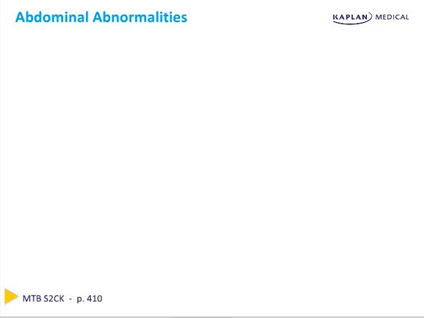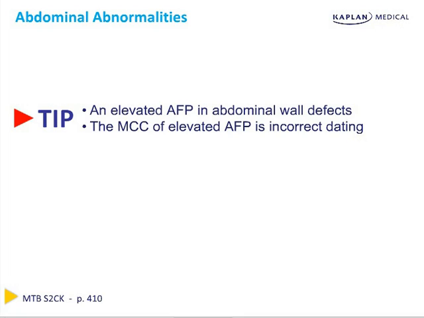Some tips with abdominal abnormalities. An elevated AFP, alpha fetoprotein, can be used to screen for abdominal wall defects, just like it's used to screen for neural tube defects. Really, any defect that exposes the contents of what's inside the fetus to the amniotic space will lead to an elevated AFP.